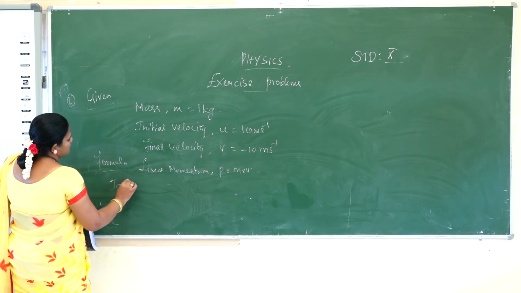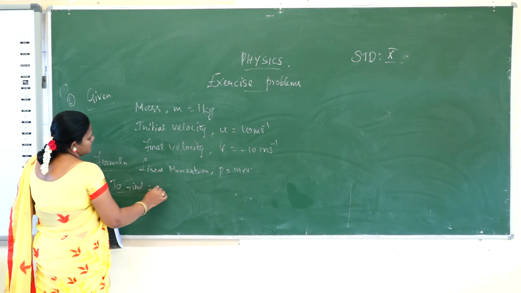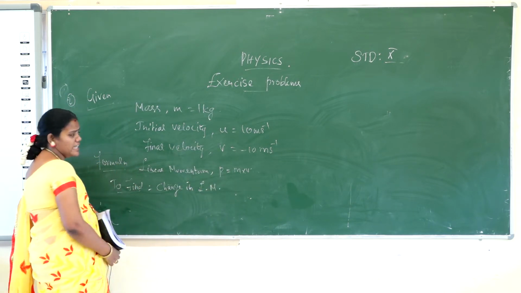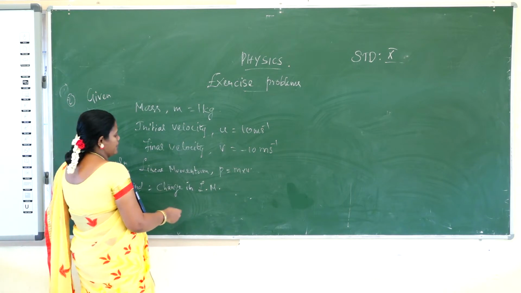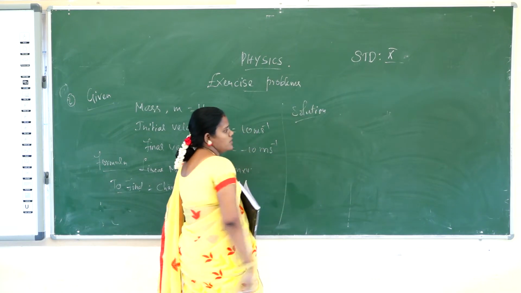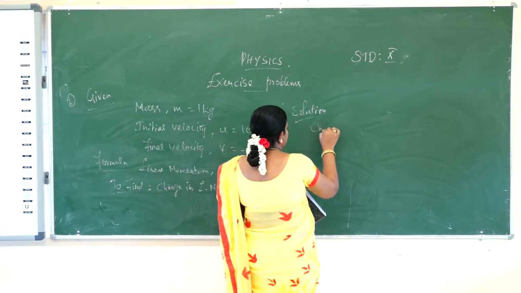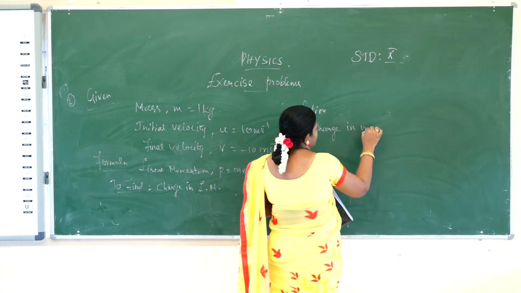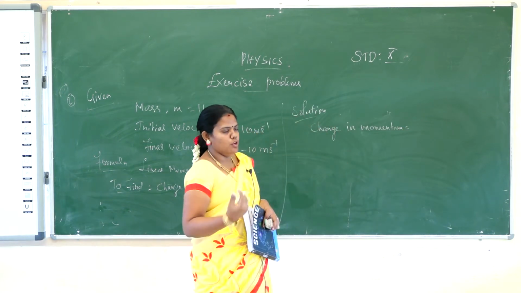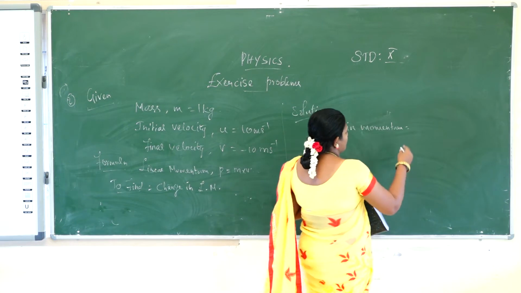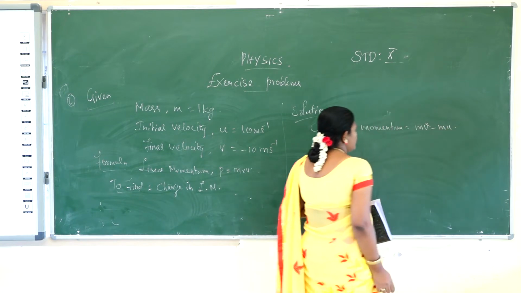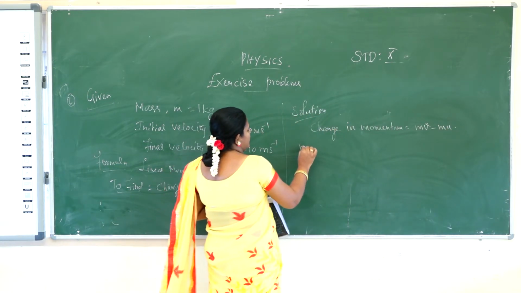To find the change in linear momentum, the solution is: change in linear momentum is equal to momentum after collision minus momentum before collision. So mv minus mu. First find mv and mu.